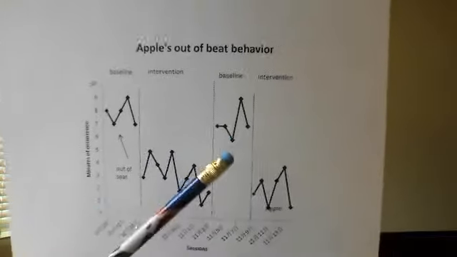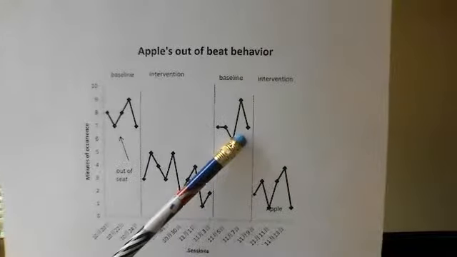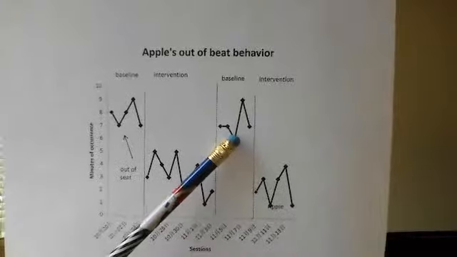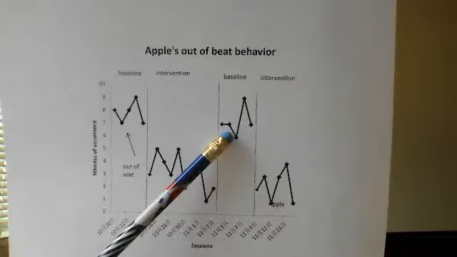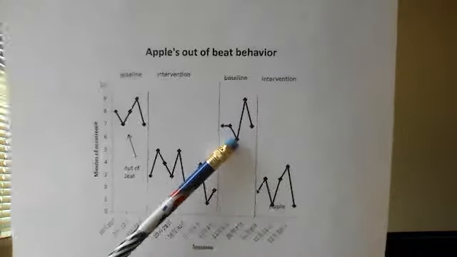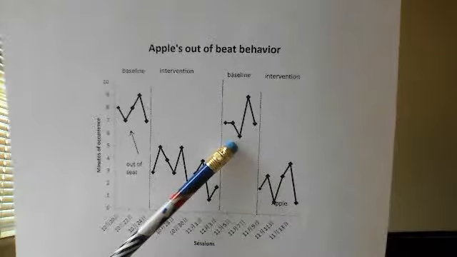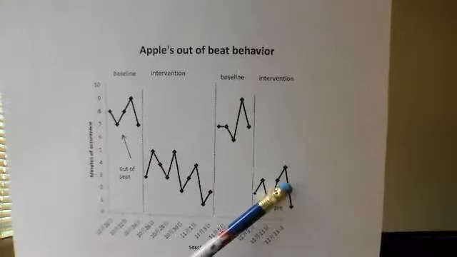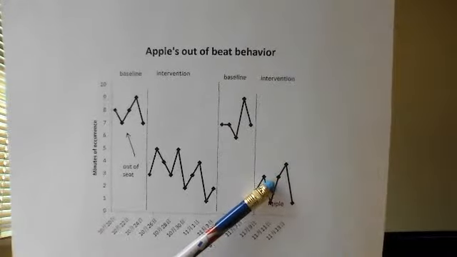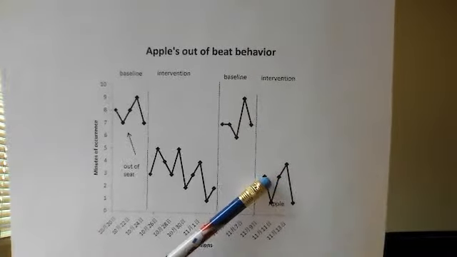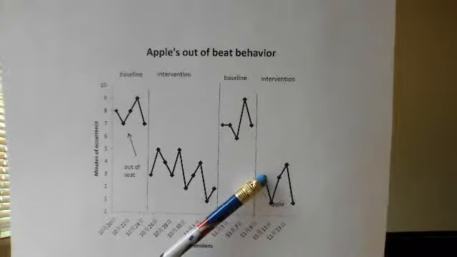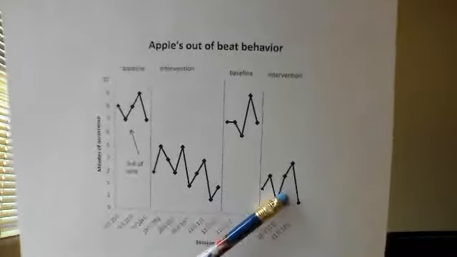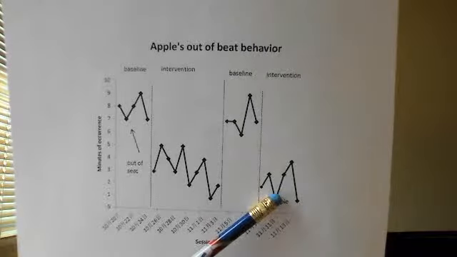In the reversal phase here, the average duration was 7.2 minutes, ranging from 6 to 9 minutes. This was almost the same as the baseline phase. And in the second intervention phase, the average duration was 2.3 minutes, ranging from 1 to 4 minutes. This was even lower than the first treatment phase.